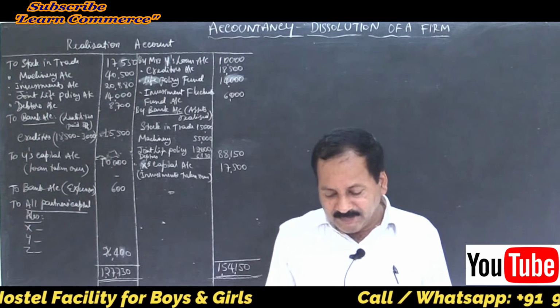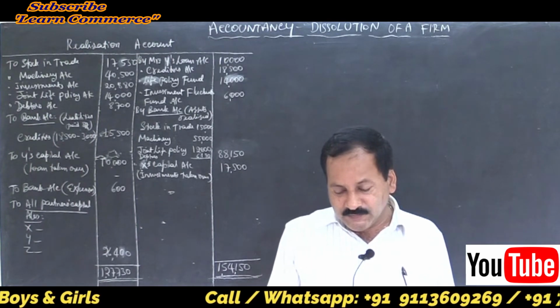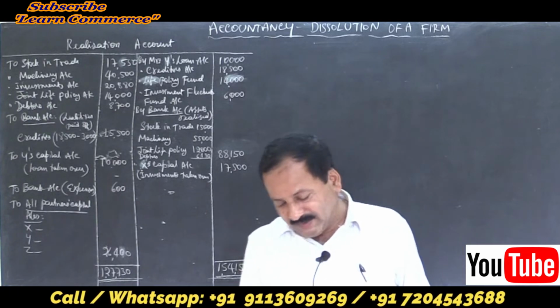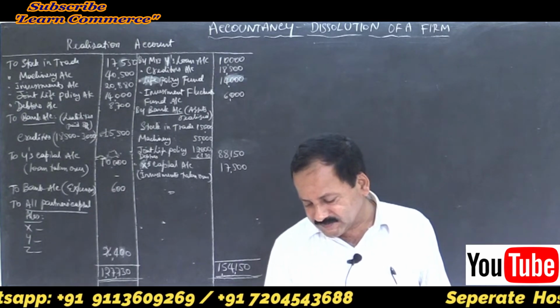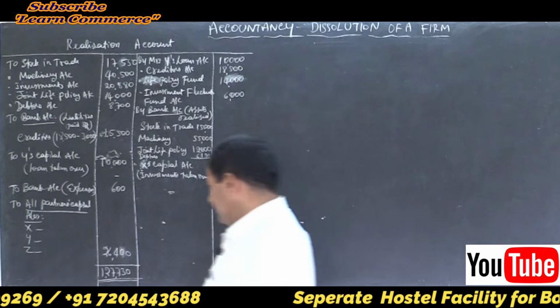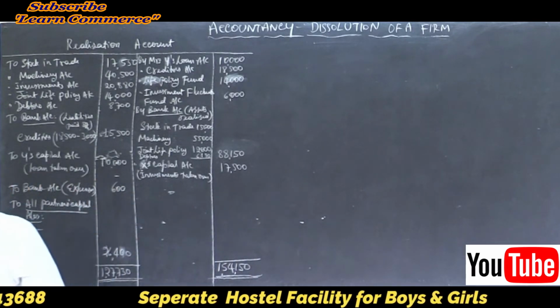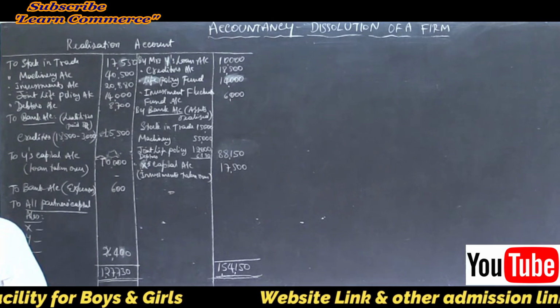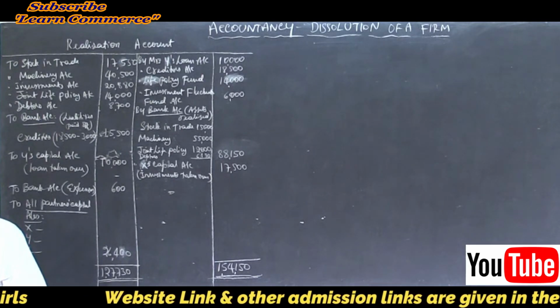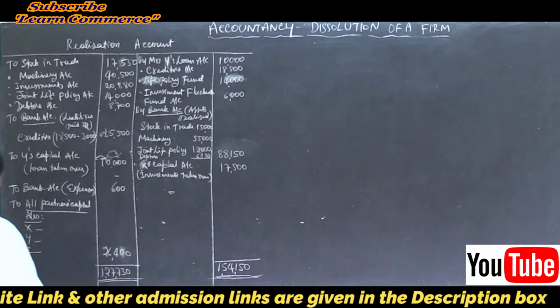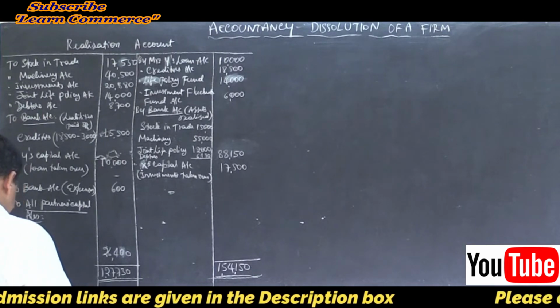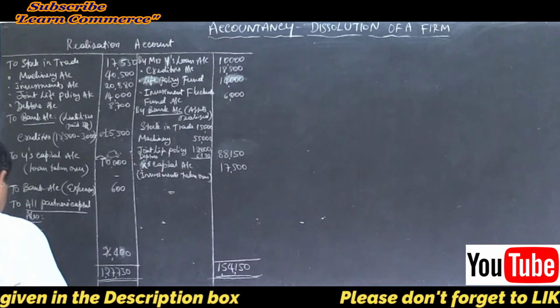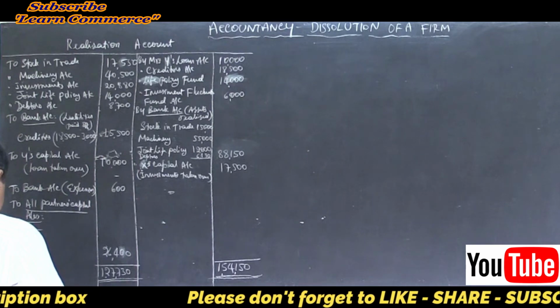So 3 plus 2 plus 1, so 6. 3 by 6, 2 by 6 and 1 by 6. So 26,400 into 3 by 6.